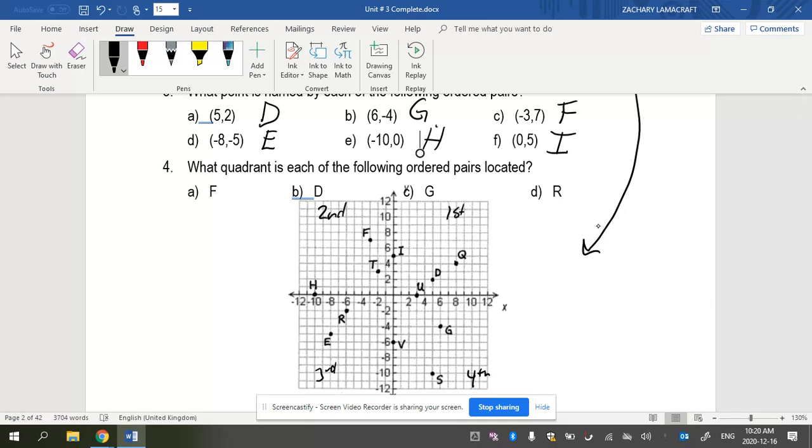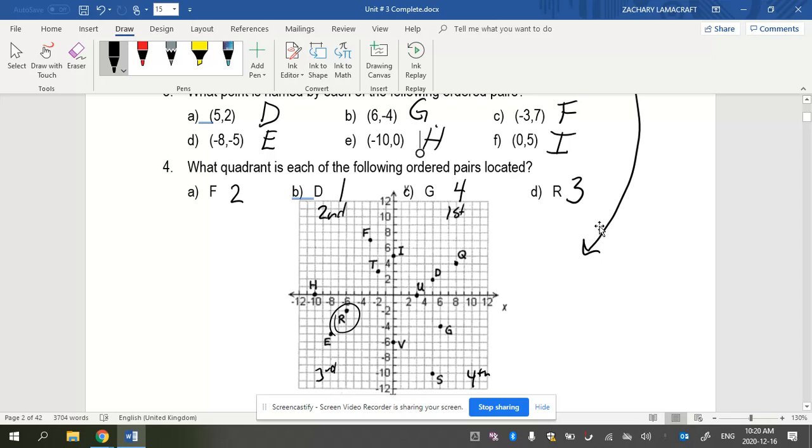So F, we see over here, is in the second quadrant. D would be in that first quadrant. G would then be in the fourth. And R is down here, and that would be in the third. Okay.